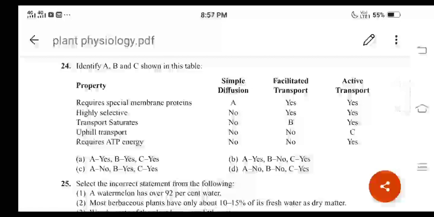A can be mentioned as no. Then B can be mentioned as yes. Okay. In case of facilitated transport. Okay. It transport saturates. It is yes only. Then C, in case of active transport you can mention it as yes. Okay, uphill transport it is yes only, right? Okay, so the correct option is option C for question number 24, right?